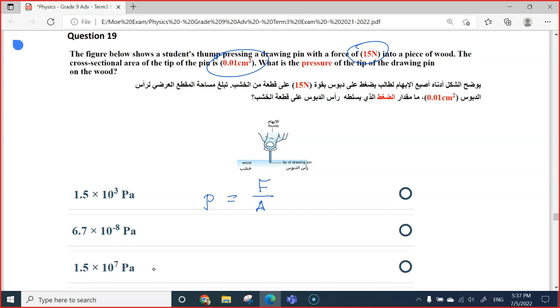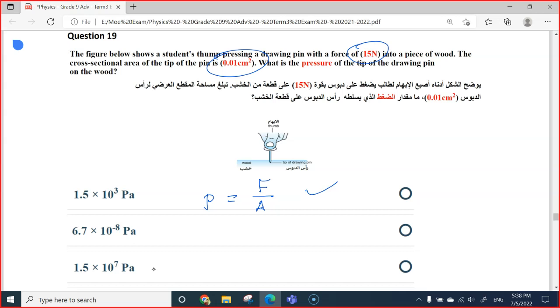All the equations will be given with the questions. And here at the beginning of the video, means first page of this PDF document, is the equations. So those equations will be given with each question, and this pressure equation and all the equations we have used in the previous questions all will be given with the questions in the exam.